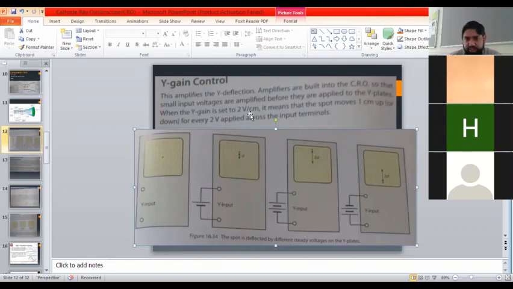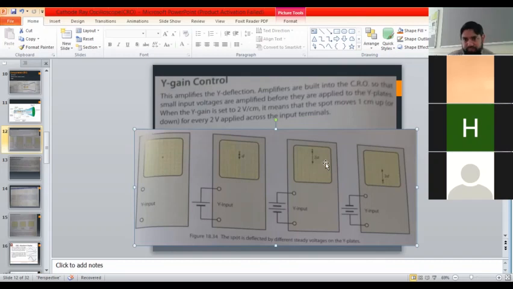If one division is 1 centimeter, here deflection is almost, clear नज़र नहीं आ रहा, but consider deflection is 2 units. So deflection of 2 units would mean potential difference of 4 volts, and here deflection is 4 units, so potential difference will be 8 volts.